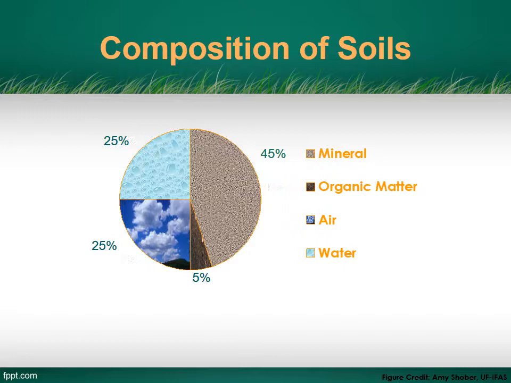In a very heavy soil with a lot of clay, you may end up with a lot more than 25% water and a lot less than 25% air. In a very sandy soil that drains very quickly, you may end up with very, very little water in it. So all these different soils are going to have different components to it, but in an ideal soil situation, you're going to have 1/4 air, 1/4 water, and about half mineral component.